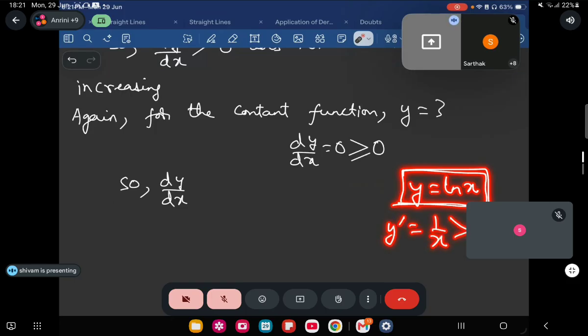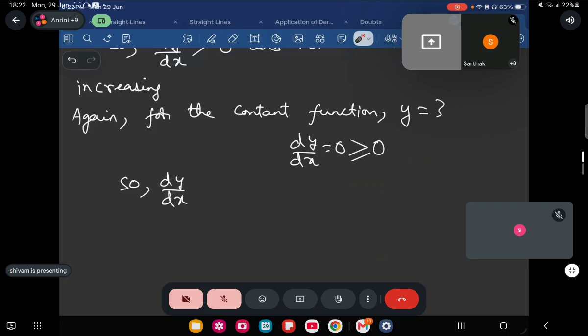See, 1 by x is greater than 0 for all x greater than 0. Hence this function is increasing for its whole domain. Are you getting? Tell me, Sarthak. So you just need to ensure that the function is not a constant function.